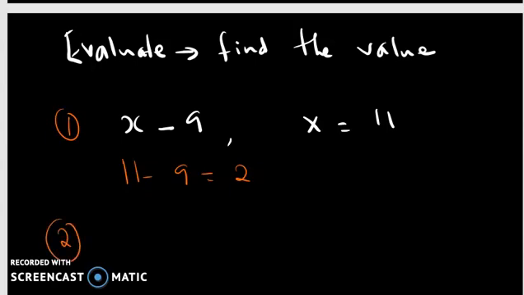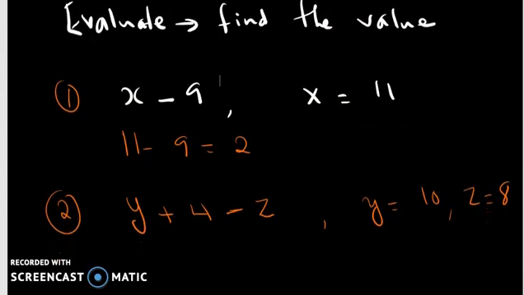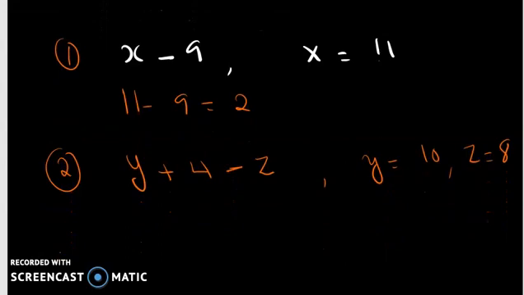Let's try this one now. So y plus 4 minus z, given that y is equal to 10 and z is equal to 8. So we put in the numbers for our variables.